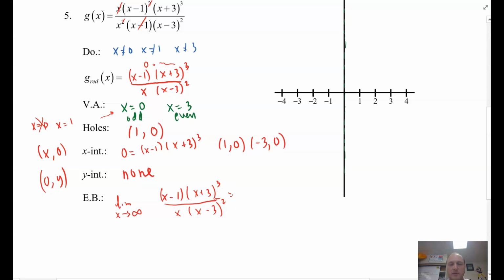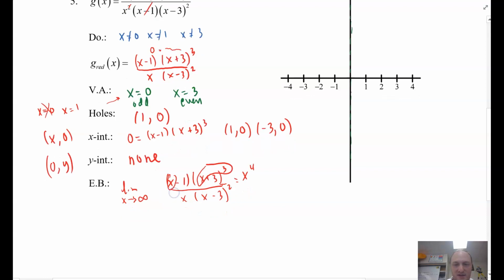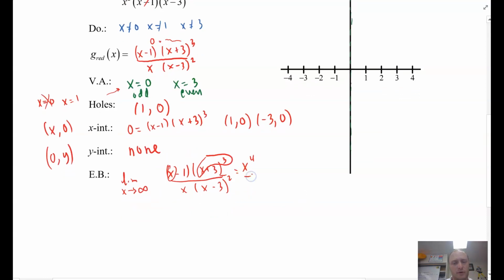Remember, for limits, you want to analyze the top power, which in this case is going to be x to the 4th. I have 3 x's here, and I have an x. This gives me x to the 4th over x squared times x. This is going to be x cubed.